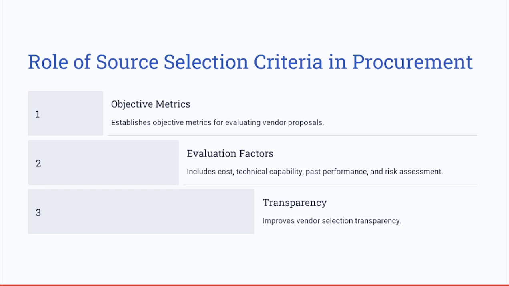The typical selection criteria include, for example, cost competitiveness, technical expertise, the financial situation of the vendor, past project performance and history, the risk exposure, maybe the number of years within the country or the number of years of experience with delivering these projects. Also, the contractual compliance. A well-defined source selection criteria improves the vendor selection transparency, ensuring that the best possible supplier is chosen for the project.